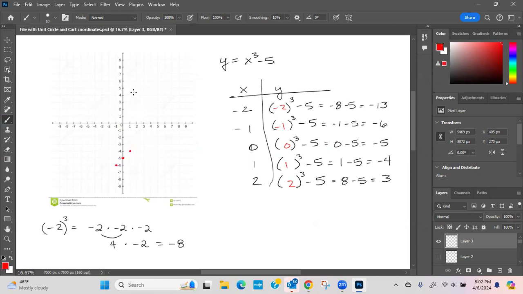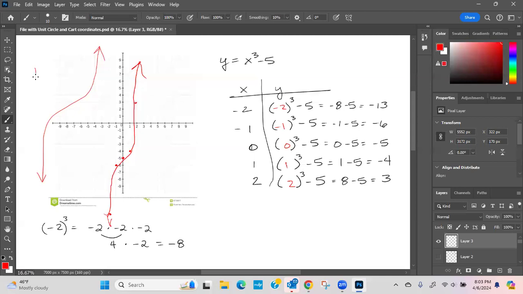But when you get to 2 and realize you're up here at 3, and then think back to that -2 and we're down here at -13, you can see that the graph of this thing comes up, jogs a little bit over, and then keeps going. So that's kind of the graph of these cubics. They come up, over, and keep going. That's a common cubic shape.